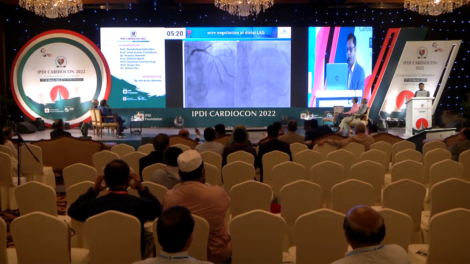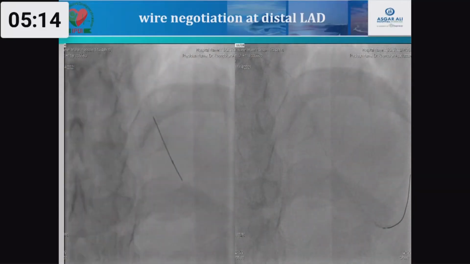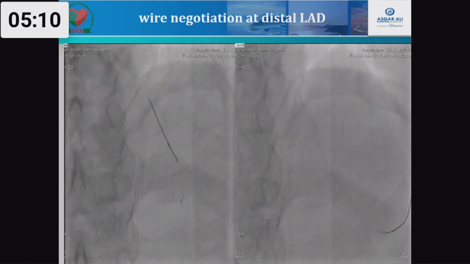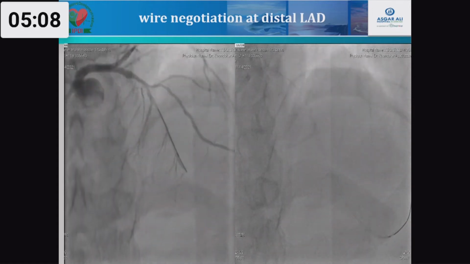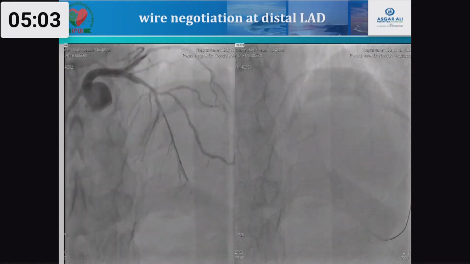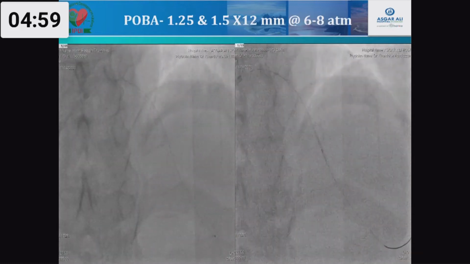I tried to negotiate the LAD with the support of a balloon. A Filder FC wire was used, and I took different sizes of balloon for sequential pre-dilatations, that is POBA, all through the LAD, which was diffusely diseased, starting from a 1.25 balloon to a 1.5 balloon.